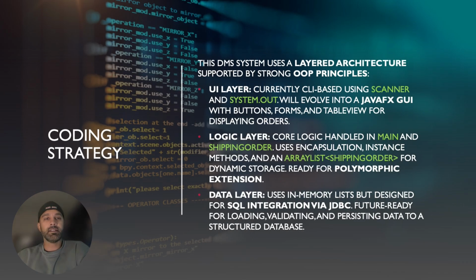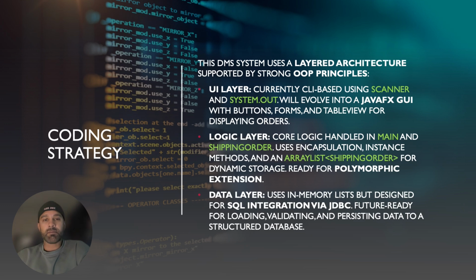Coding strategy. The DMS system is going to use a layered architecture, as mentioned before, supported by strong OOP principles. The UI layer, which is currently console-based, using a scanner and System.out, is going to evolve to use a JavaFX GUI with button forms and a table view for displaying orders, like I said. The logic layer, which is the core logic, is handled in Main and ShippingOrder.